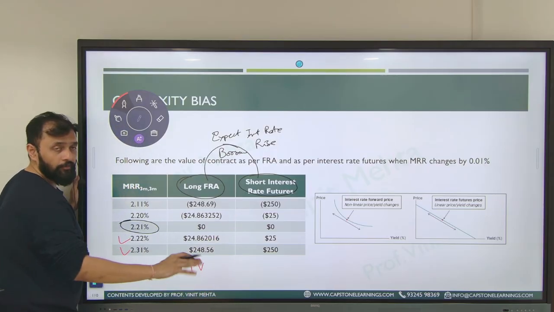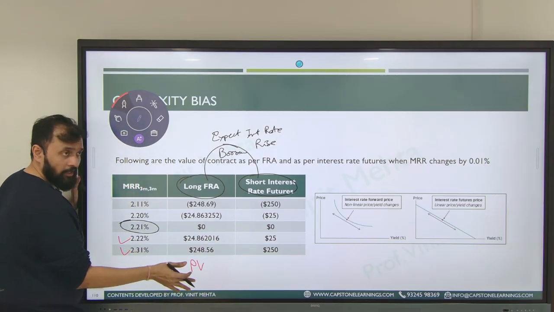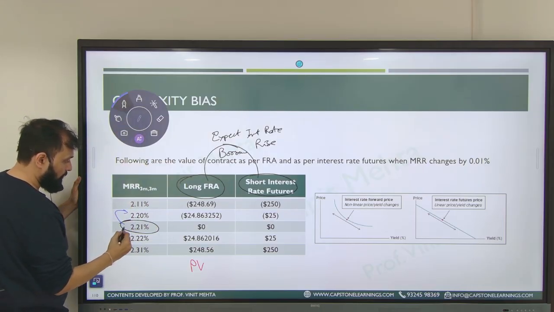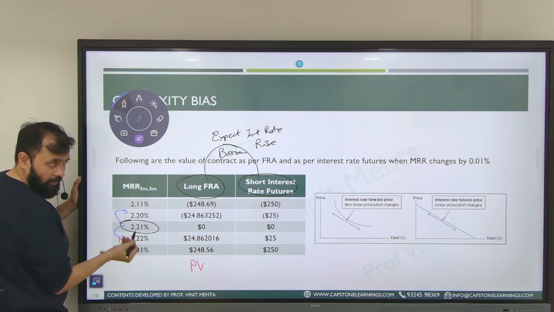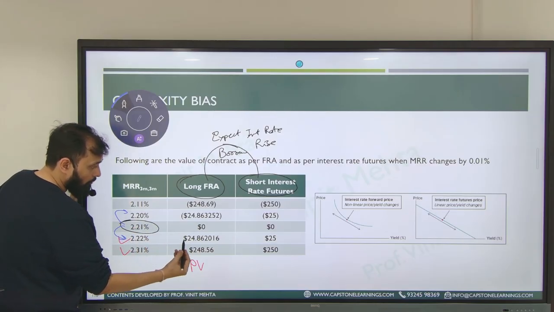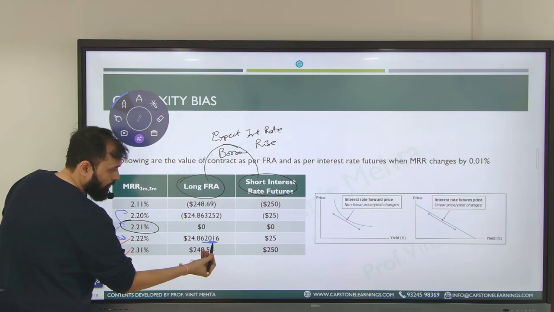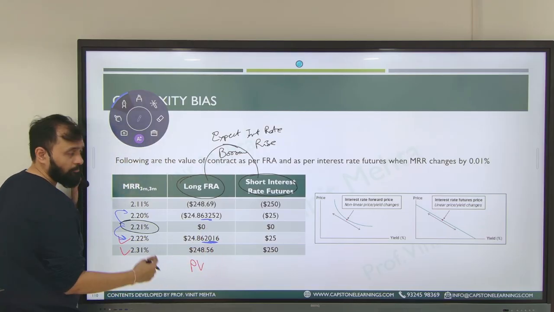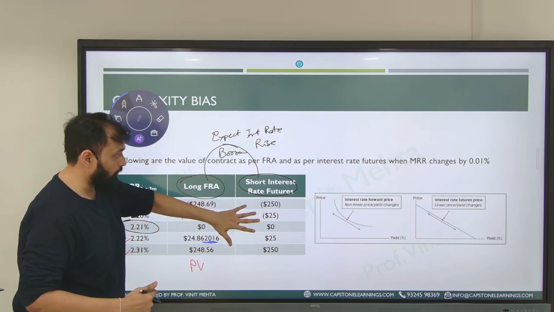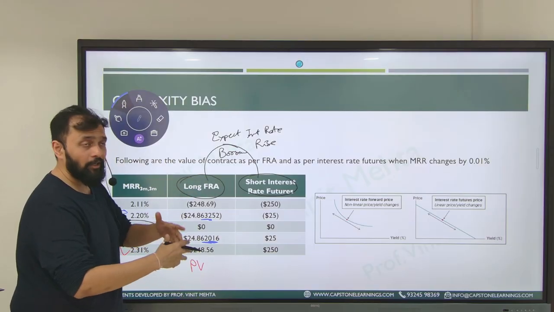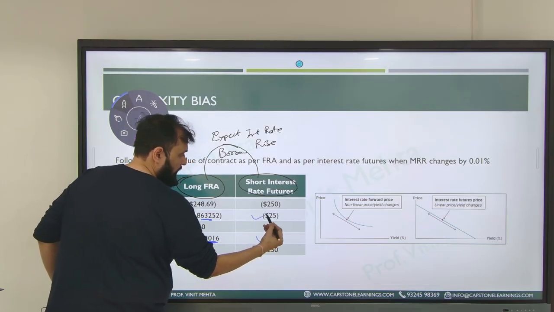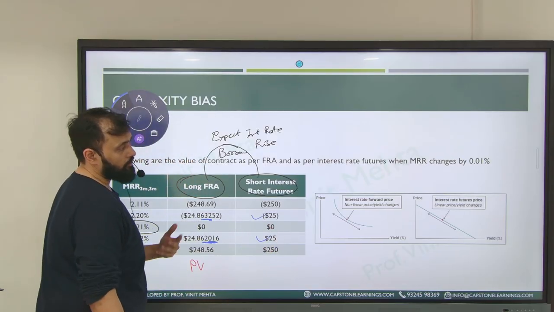In case of short interest rate futures, that's not the case. If the interest rate had reduced by exactly the same number, like here it has increased by 0.01% and there it has decreased by 0.01%, the amount of gain is not exactly the amount of loss in the FRA because of convexity bias, the present value calculation. But in case of short interest rate futures, there is no settlement in present value terms, so the amount of gain and loss is exactly the same.